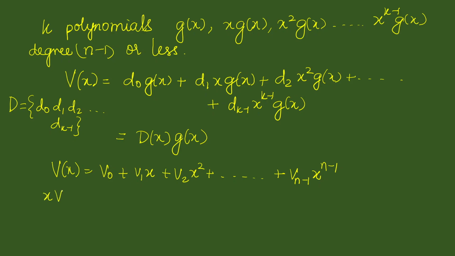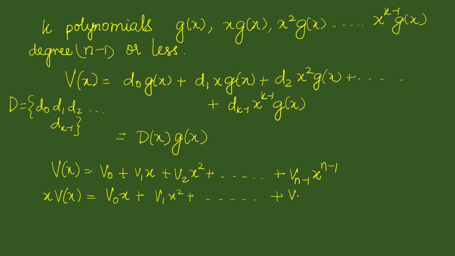Assume that I multiply this entire code word with x, that means we are shifting the code word now. So this will amount to v0 into x, v1 into x square, and so on.